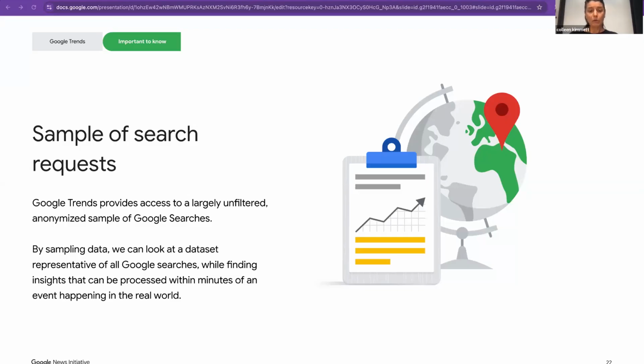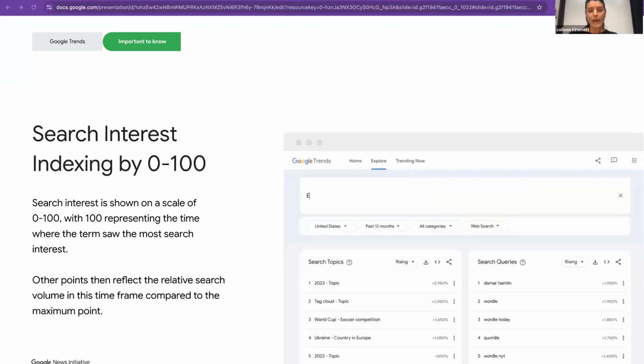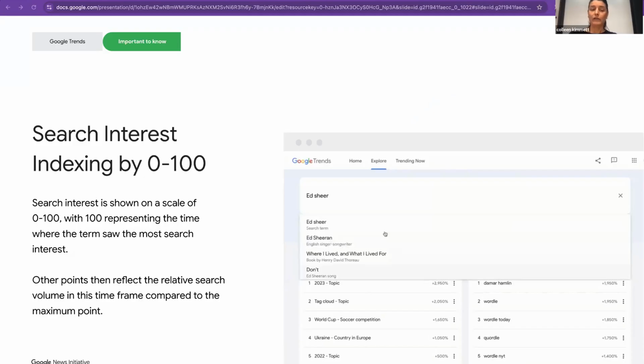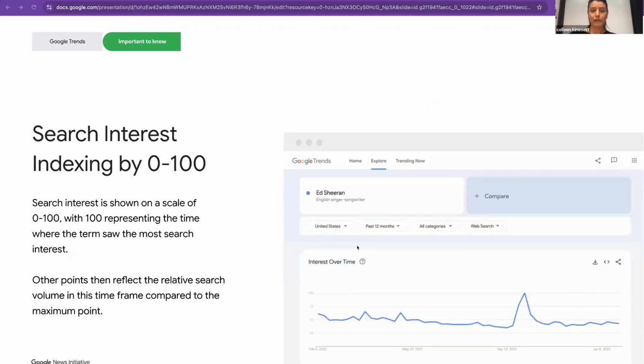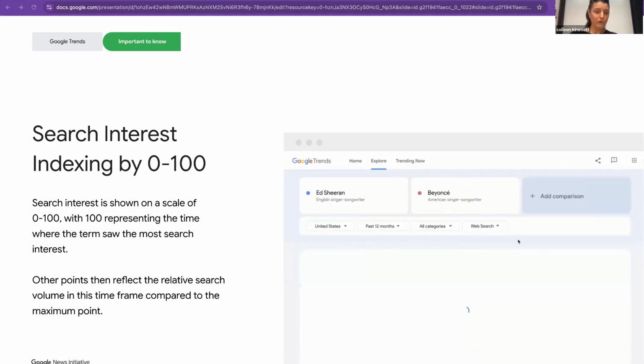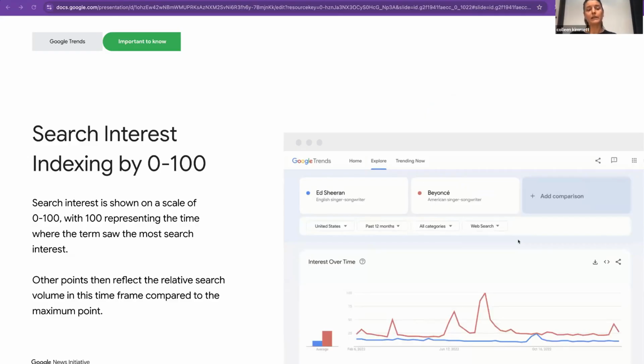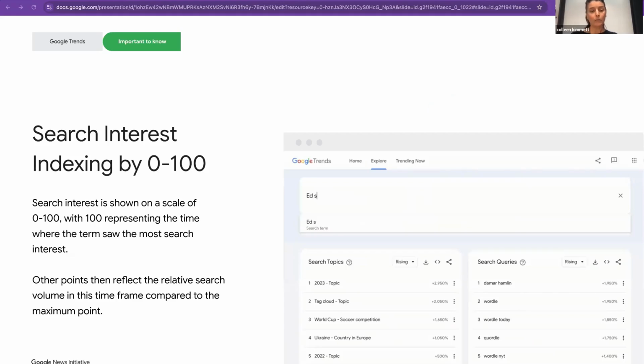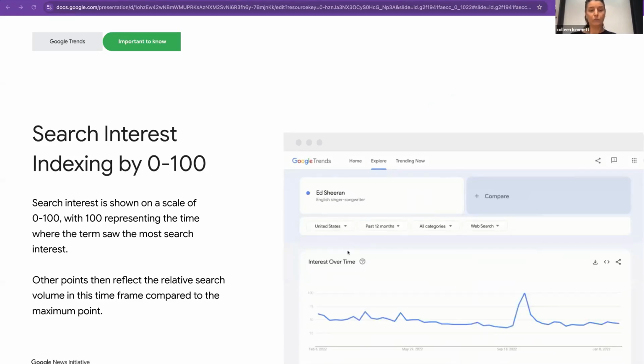So it's a sample, and it's represented on a scale of 0 to 100 relative to other searches in that time frame in that region. Search interest is shown on a scale of 0 to 100, where 100 represents the point where the term got the most search interest. Other points on that graph reflect relative search volume compared to the maximum point.